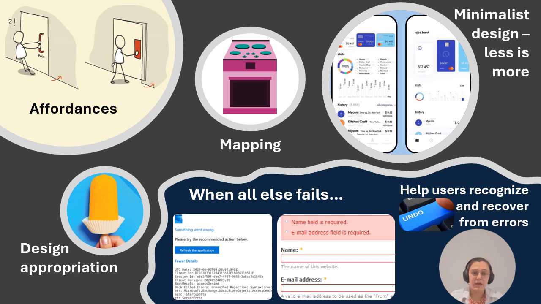Another thing for researchers to be aware of, and for you to know why technology might not work, is affordances. So I'm sure many of you have come across a door with a pull handle, but actually it says push, or maybe it doesn't even say push, but it was a push door, and that's why the door isn't opening when you're pulling it.